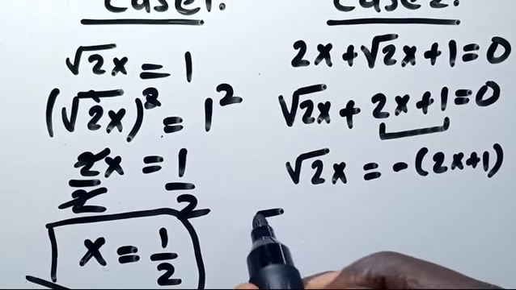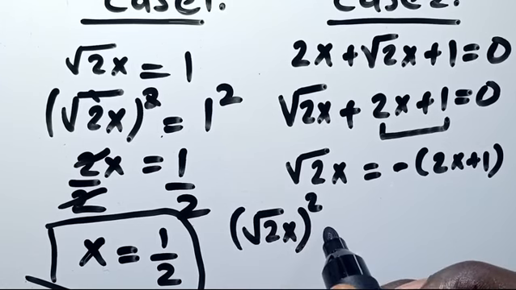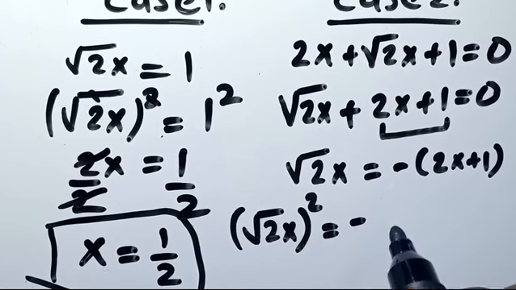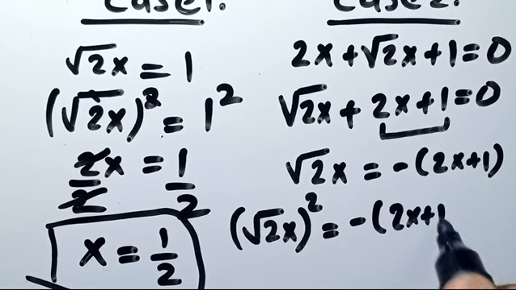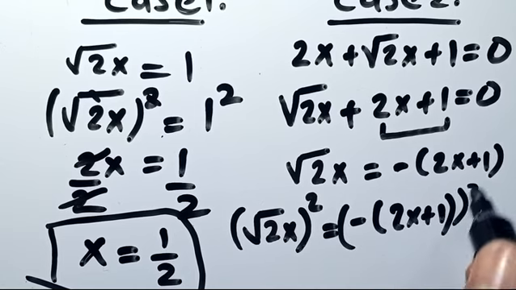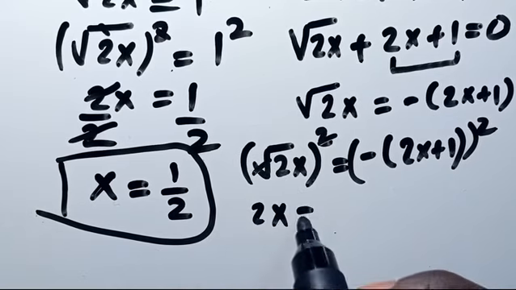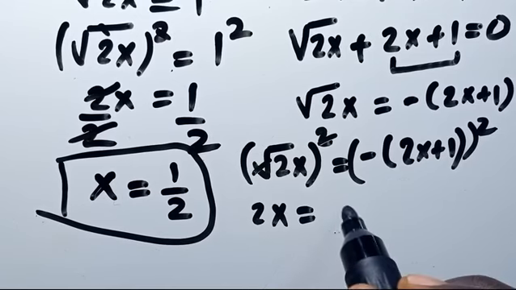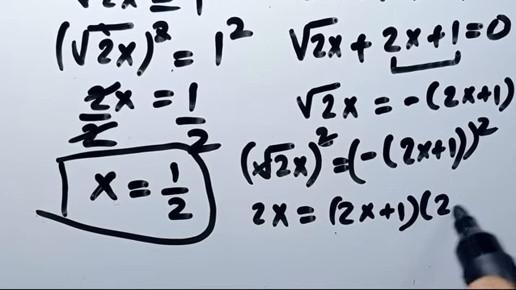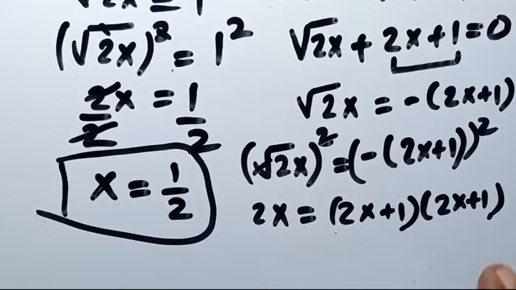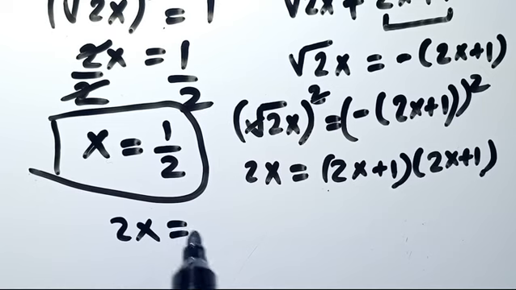So we are going to have (root 2x) squared equals (minus (2x plus 1)) squared. So we cancel out this, and we have 2x. Now the expansion of this will be 2x plus 1 times 2x plus 1. So we have 2x.